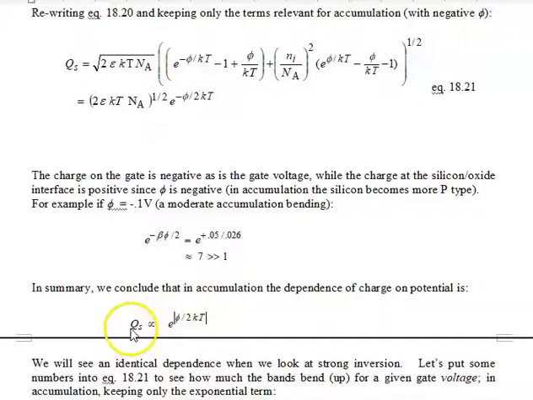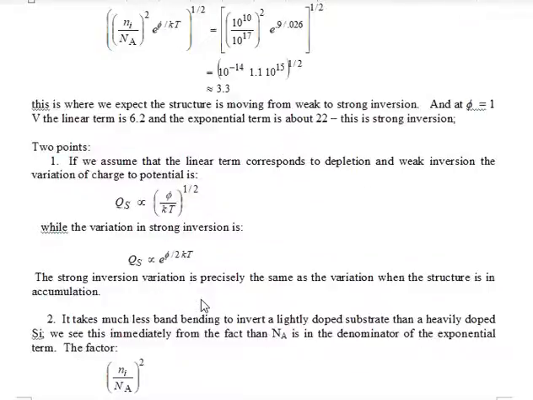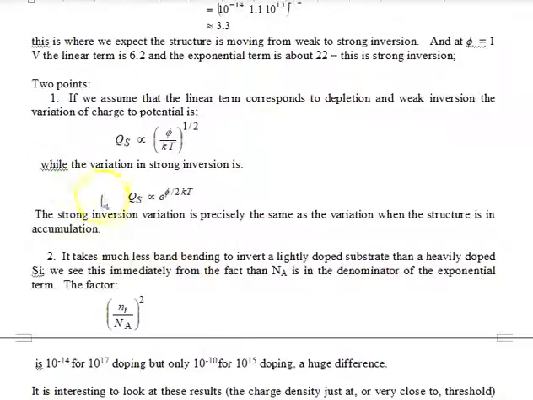This is the variation of Q sub S in accumulation, and this is the variation of Q sub S in strong depletion, and they are precisely the same, and that makes really a lot of sense. The difference between accumulation on the one hand and depletion/inversion on the other hand is that in the latter we have an extra term, which is reasonable.